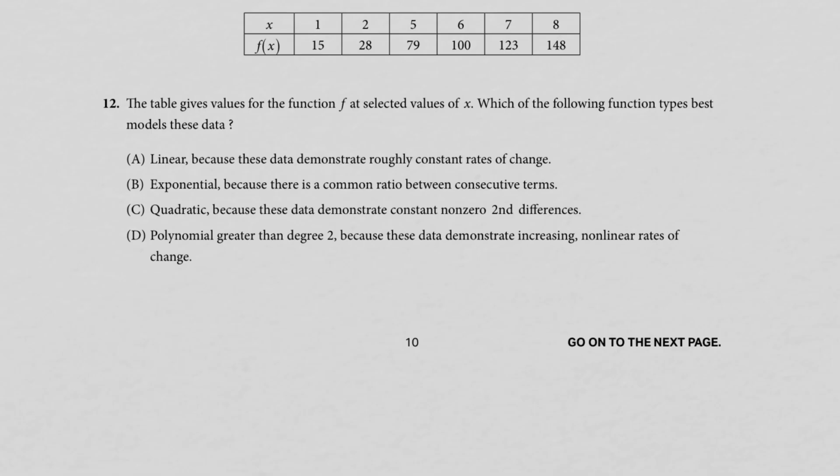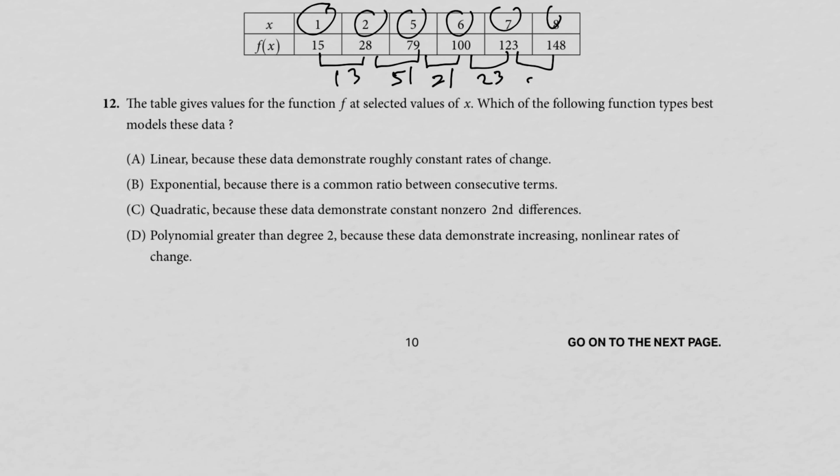12, we have a table which best models the data. So you notice these numbers all go up by 1, but these go up by 13, and then suddenly this one's going up by 51. Whoa, and this one's going up by just 21 and 23. Interesting. And 25.